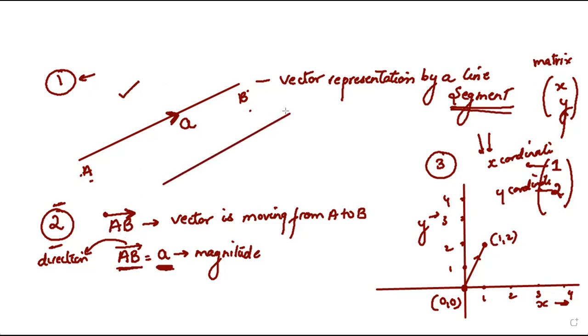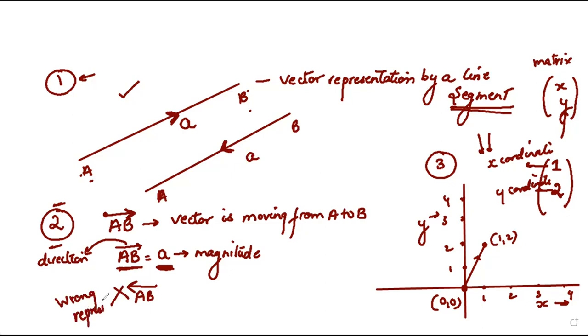If I'm drawing this and now my vector is B, here same A to B, but I have reversed the direction. Magnitude is still A, but the direction is reversed. So don't write A to B with the arrow moving in this direction. It's a wrong representation.